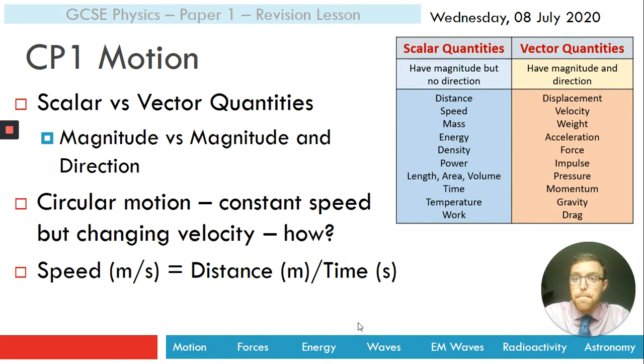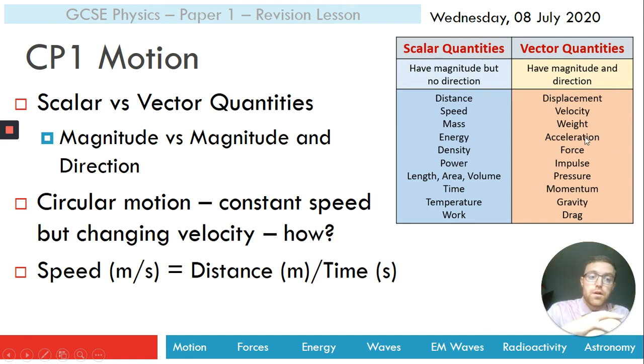Okay, then motion. If you didn't get this, you can add these to your mind map. Scalar versus vector quantities. A little hint up here to the right. What might be the difference between a scalar quantity and a vector quantity, and some examples of scalar quantities versus vector quantities.